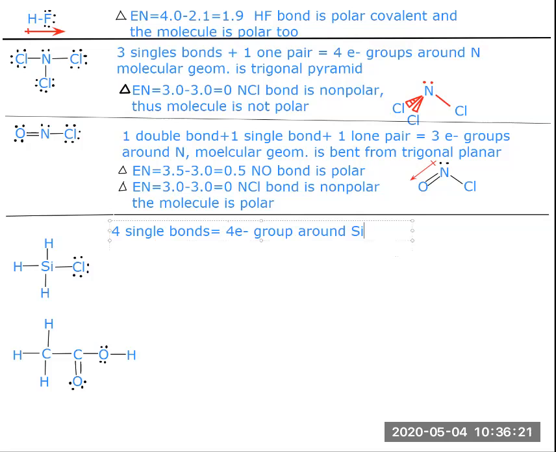So that means what kind of shape do we have? So you look at the table, and you want to look at a row that starts with 4 electron groups. And here it's 4 bonding groups, 0 lone pair, right? Silicon has no lone pairs and it's only 4 bonds around it.